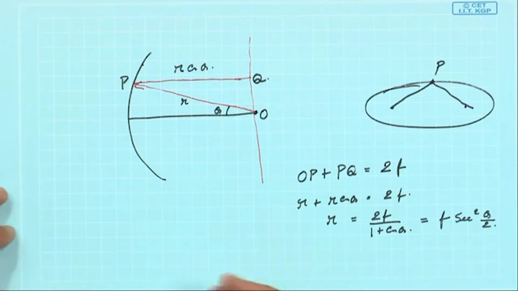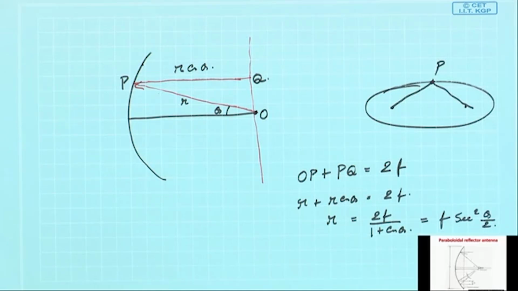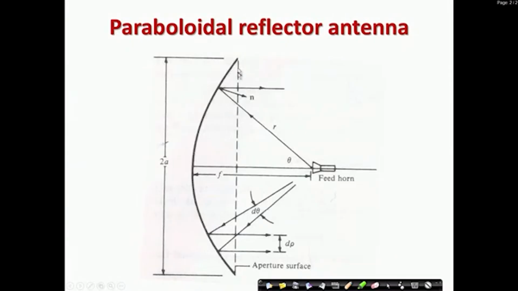Now, after saying all this, my actual intention is that we have already seen the horn antenna. So, suppose we know the radiation pattern of this feed horn, but to calculate what is happening to the radiated field by the reflector, we need to find the field distribution on this aperture.